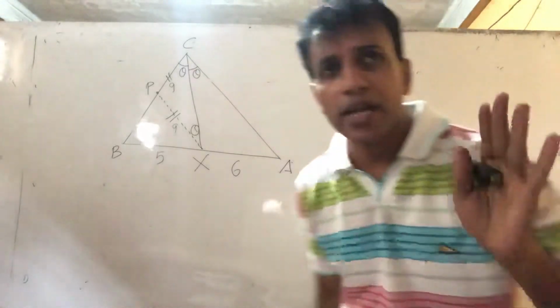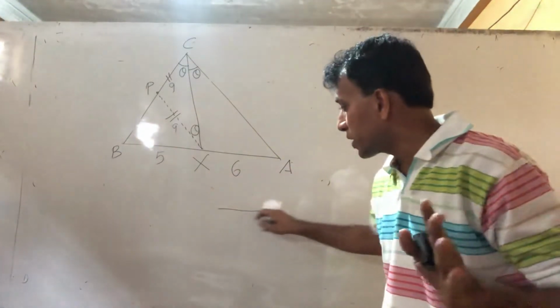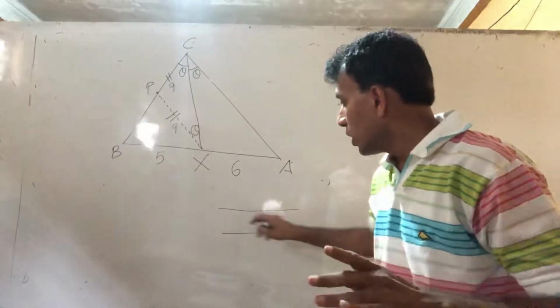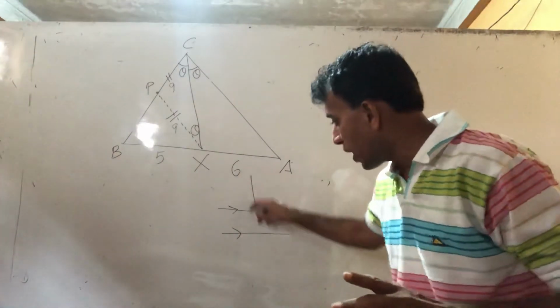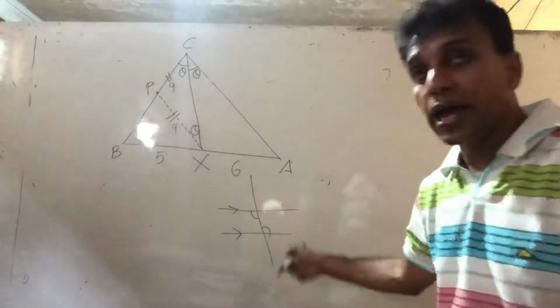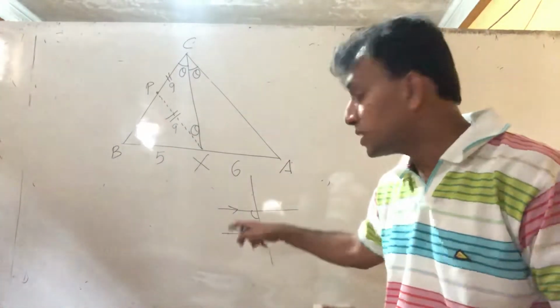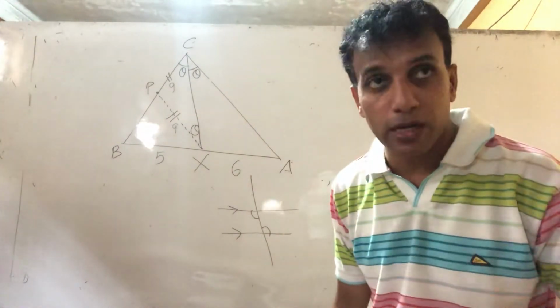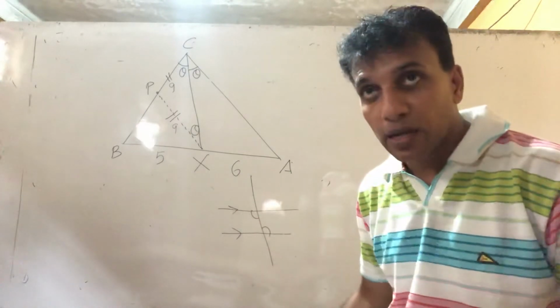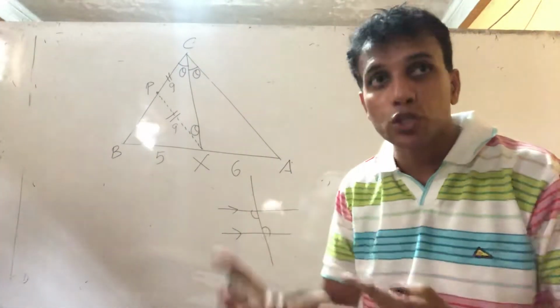You know parallel lines from grade 9 mathematics. When the lines are parallel and a transversal cuts them, this angle equals this angle: alternate angles. If the alternate angles are equal, lines are parallel. If the lines are parallel, alternate angles are equal. The converse is also true.